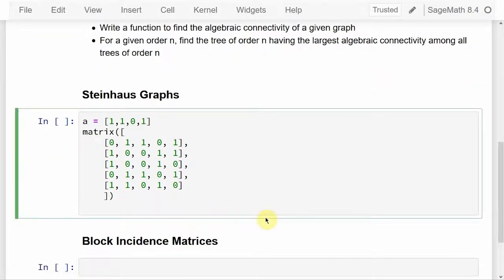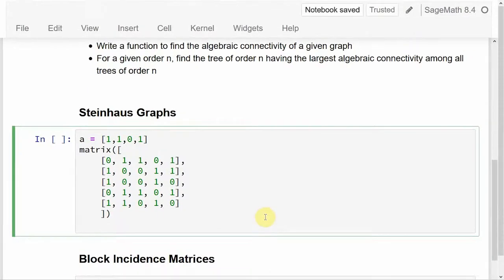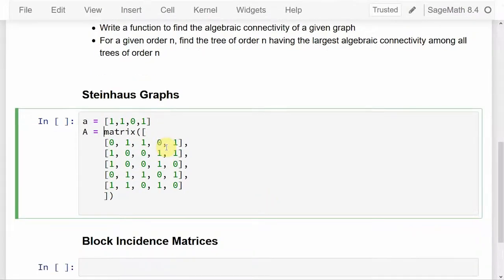So here, I will name this matrix as A. And I have previously shown you how to get a graph from an adjacency list given as a dictionary. Also how to get the adjacency matrix of a graph. You can do it in the reverse also. Given a matrix, you can get the graph corresponding to the matrix.